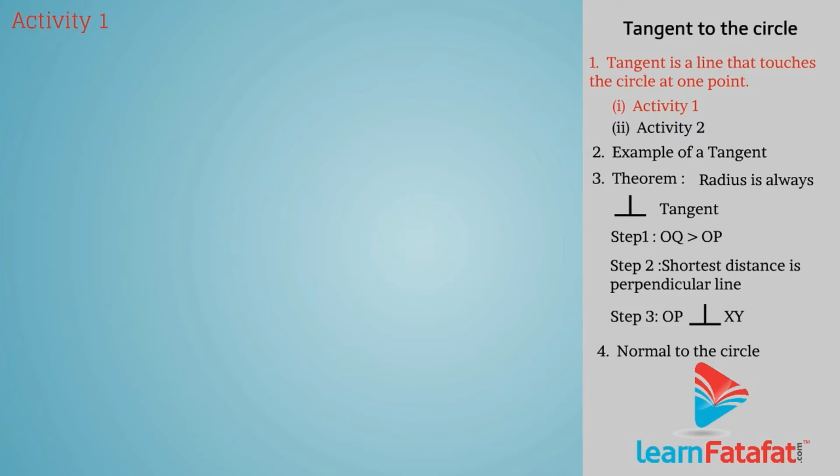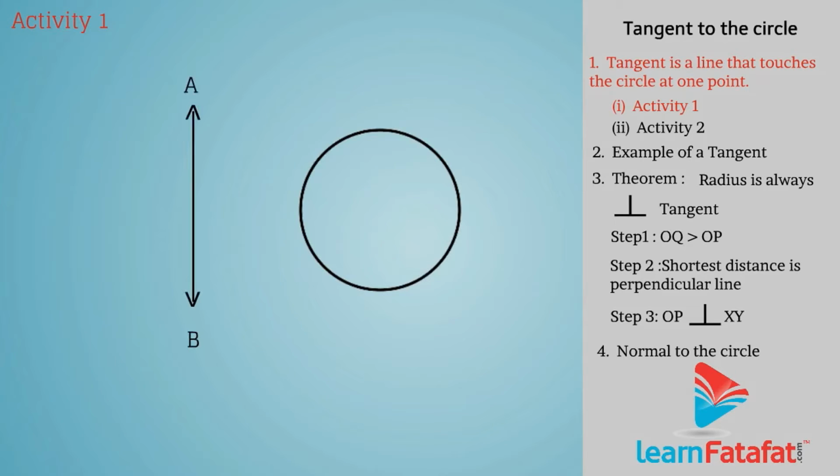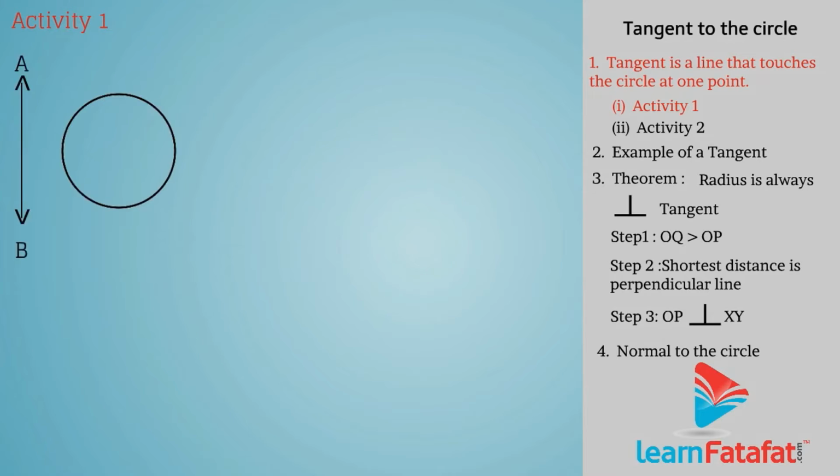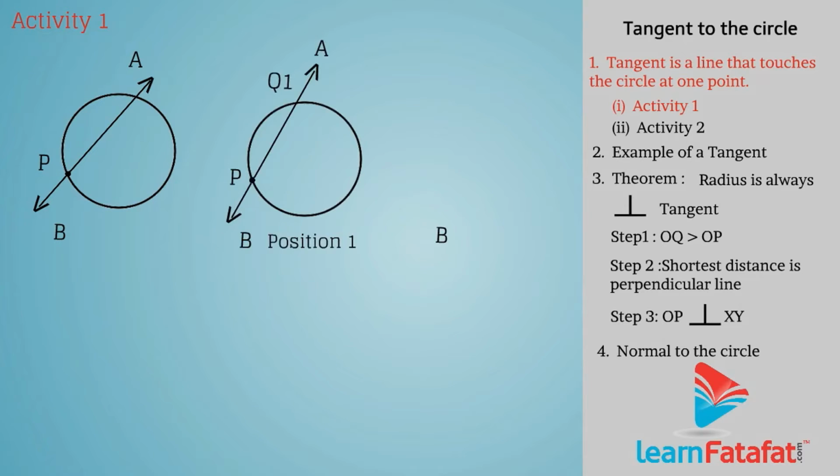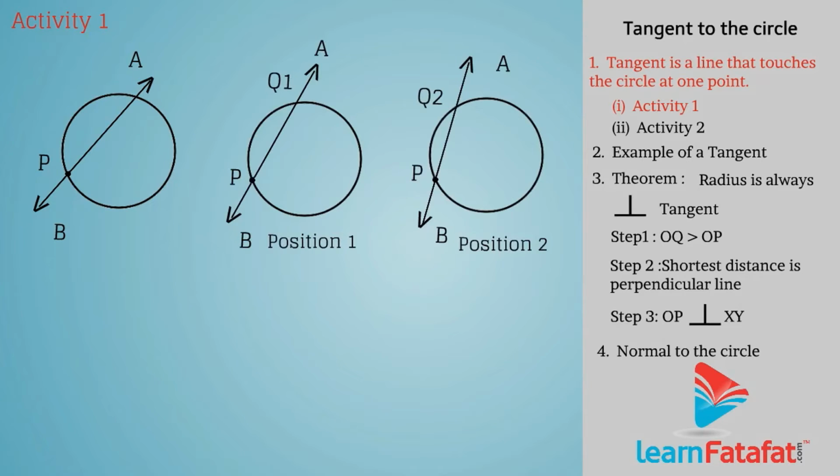Activity 1. Take a circular wire and a straight wire AB. Attach AB to circular wire so that it can rotate at the point of contact, that is P. Place the arrangement on the table and rotate the wire so as to get different positions of the wire with respect to circular wire.